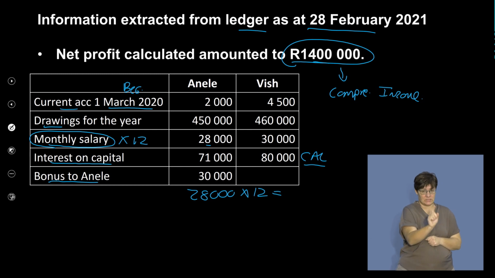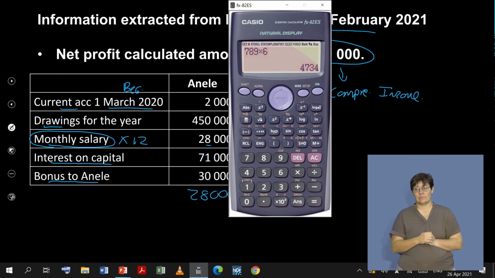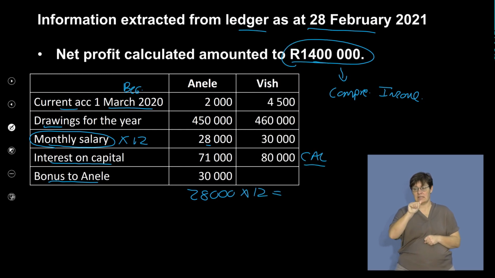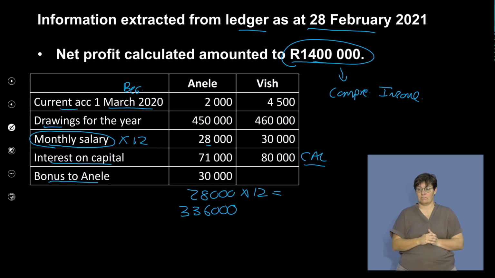Let's get the calculator out. Anele, 28,000, multiplied by 12 to give me her annual salary, 336,000. I want to fill that in before I continue.